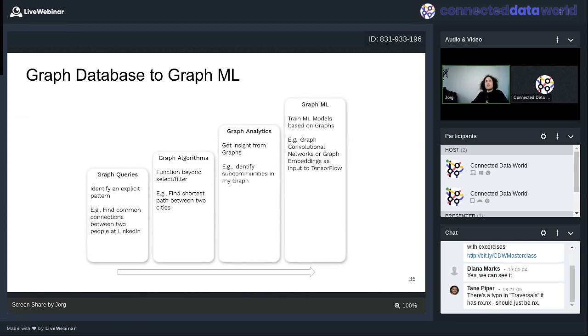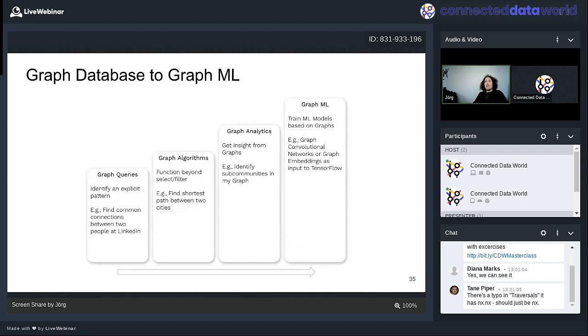So there's a quick jump over to graph analytics, which refers to getting overall insights from a graph. Graph queries are often very local to a graph, whereas with graph analytics we try to extract some value from the overall graph. For example, where are the important nodes in my graph? Where are certain subcommunities in my graph?